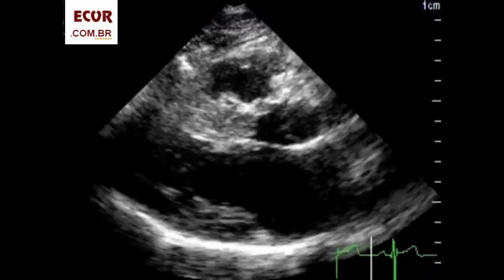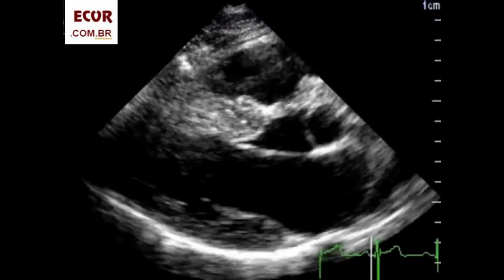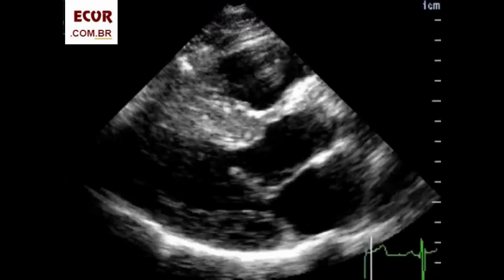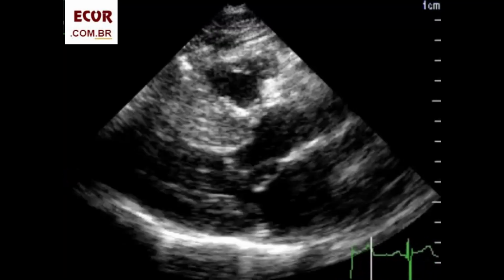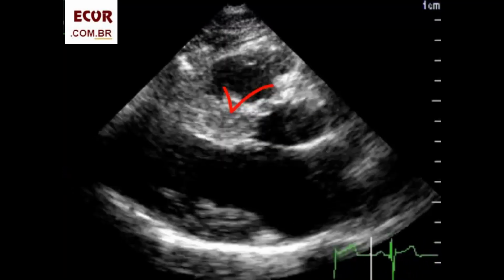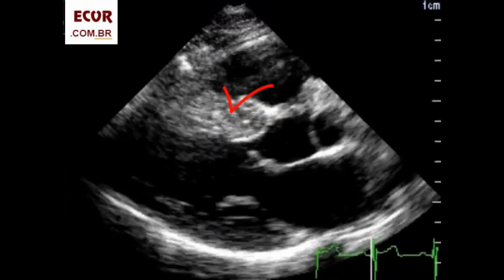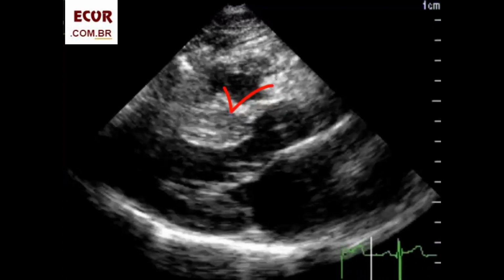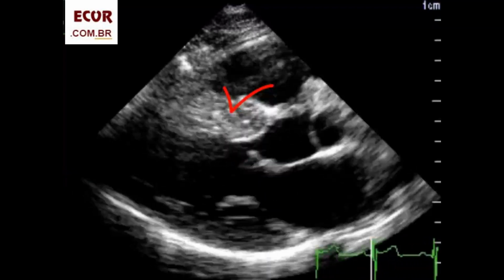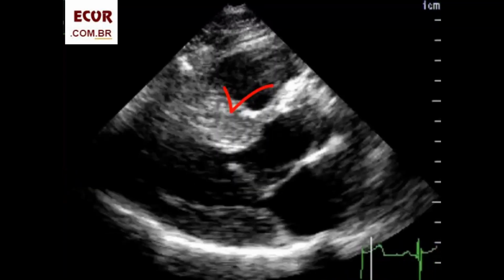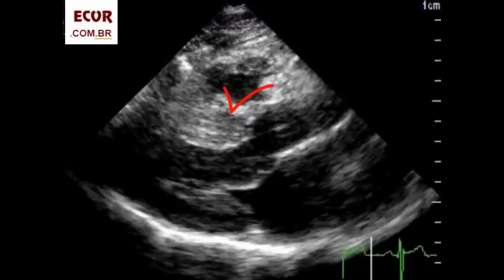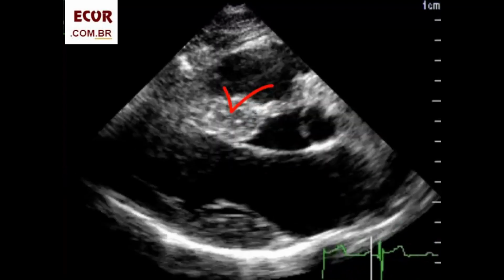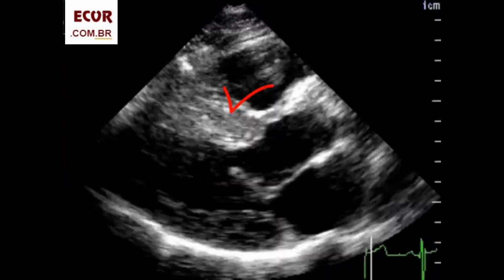Here we have an asymmetric hypertrophy of the left ventricle with obviously more thickness of the IVS than the posterior wall. Notice that during systole the IVS width is like the posterior wall. The IVS shows the rice grain granulations.